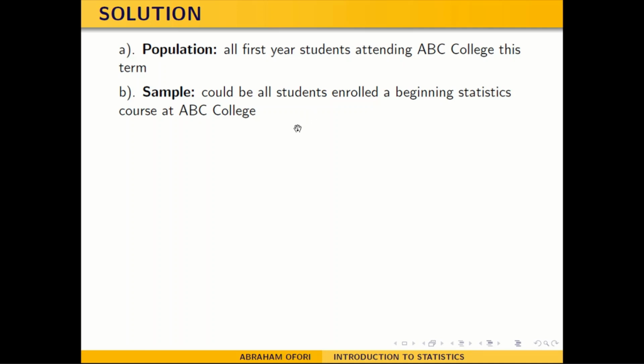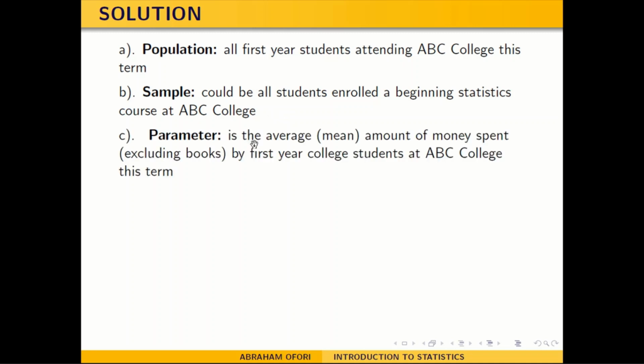If it was, let's say, Kenya University, the sample could be all students who are doing statistics this semester or this term, just those students alone, then we study them. The rest, you don't study them. And that part that we are studying out of the population is what we call the sample.